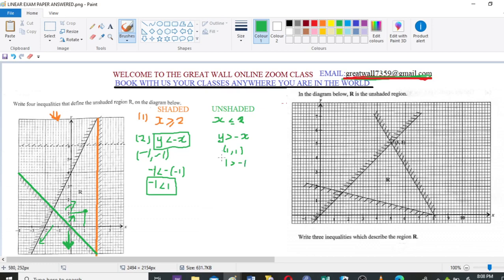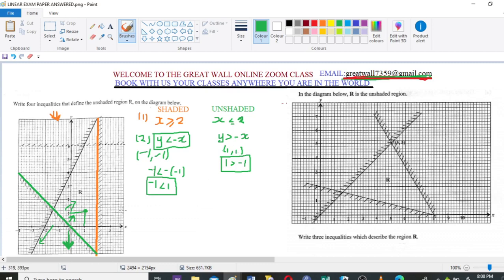Is this statement true? Yes, it is very much true. A positive 1 is always greater than a negative value, and in this case positive 1 is greater than negative 1. So this describes the upward part, which is the unshaded, one of the inequalities describing the unshaded region, which is the inner part. So this is the second equation.